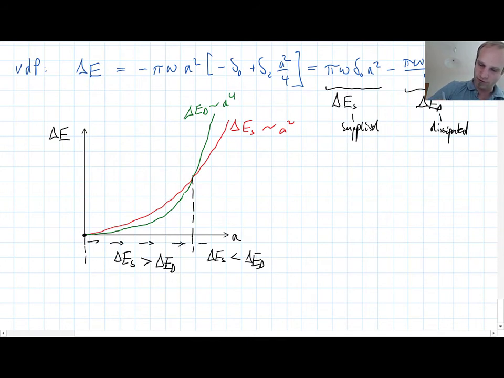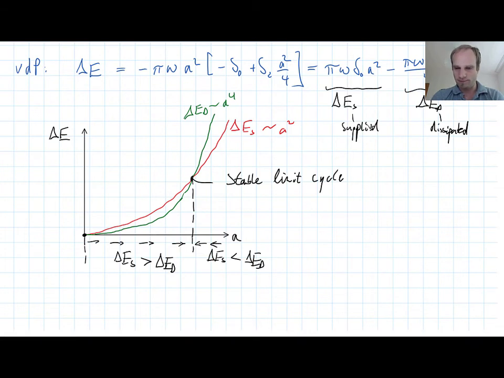And here it's the opposite, the amplitude will decay if the dissipated energy prevails. And then it's quite obvious that this is a stable point here, this is the stable limit cycle. So this limit cycle is stable, and this is in agreement with our observations from the numerical simulations, that we reach this limit cycle no matter what.